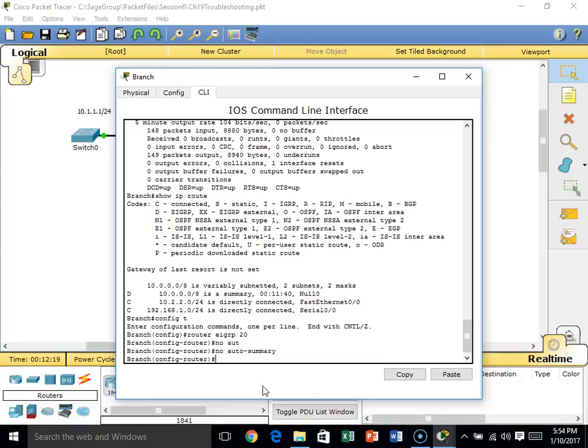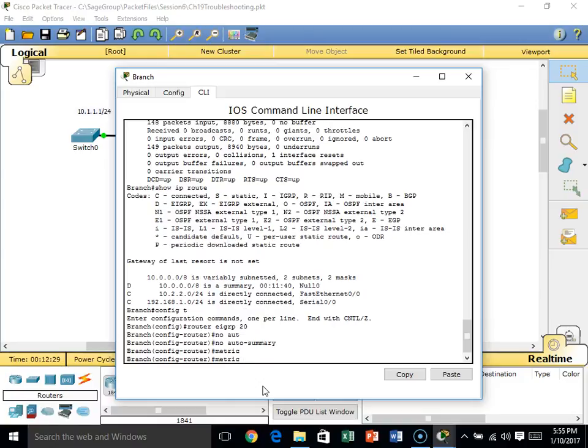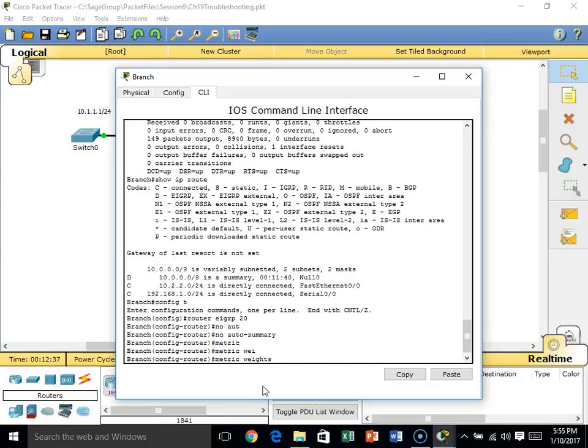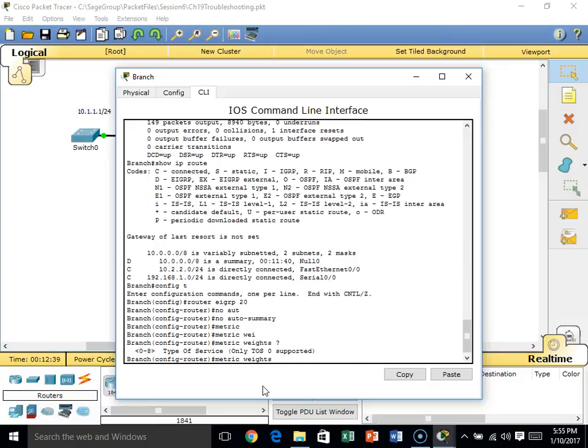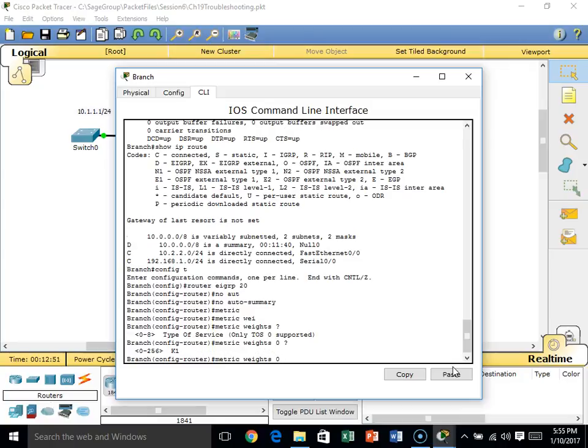And then while we're here, if I can remember the command, metric weights, so we can change the metrics, and we do the question mark. It tells us the type of service, and this is the one that I love. Type of service, only 0 is supported. So 0 and the question mark. K1, we wanted that to be 1, right?